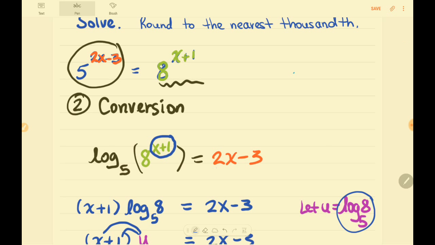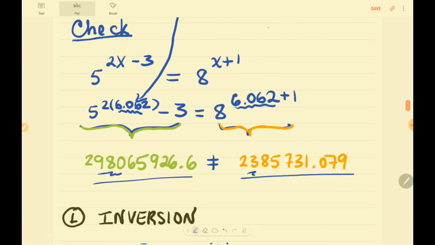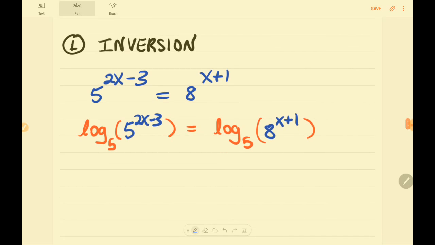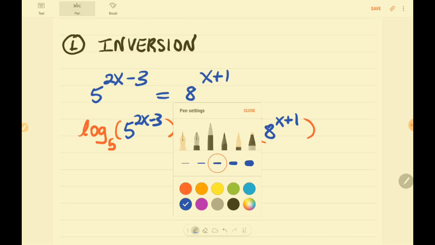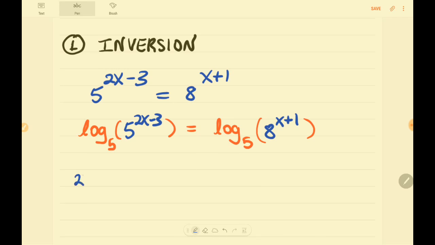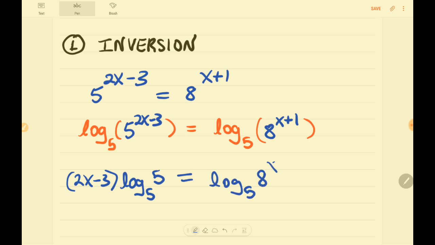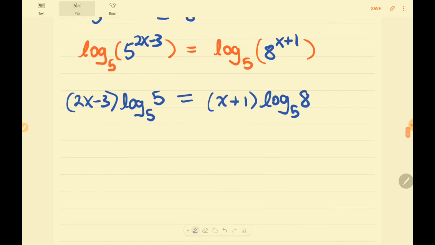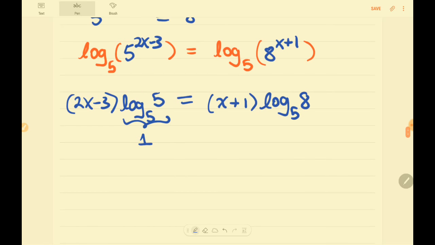But the reason it is pretty much the same process is because once I've done this, I can use the property of moving the exponent in front, and I can move the exponent in front of this one as well. And then what happens here is it equals 1.